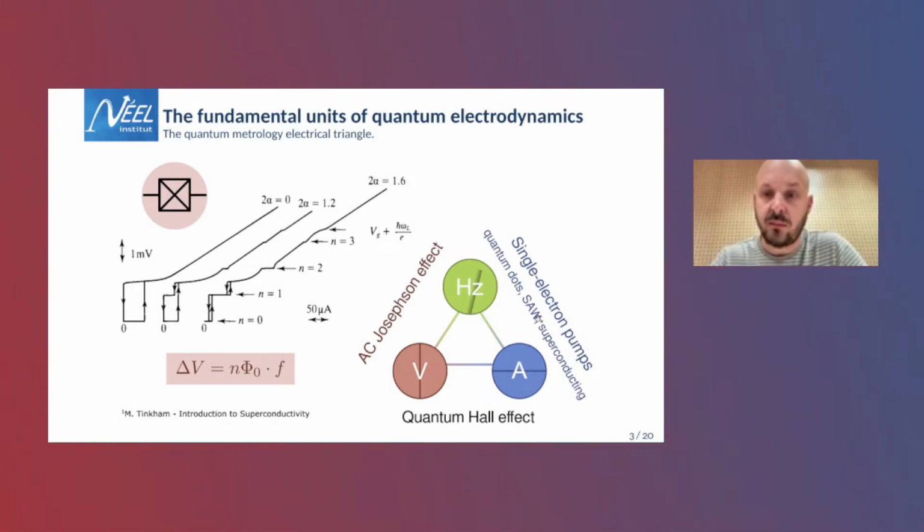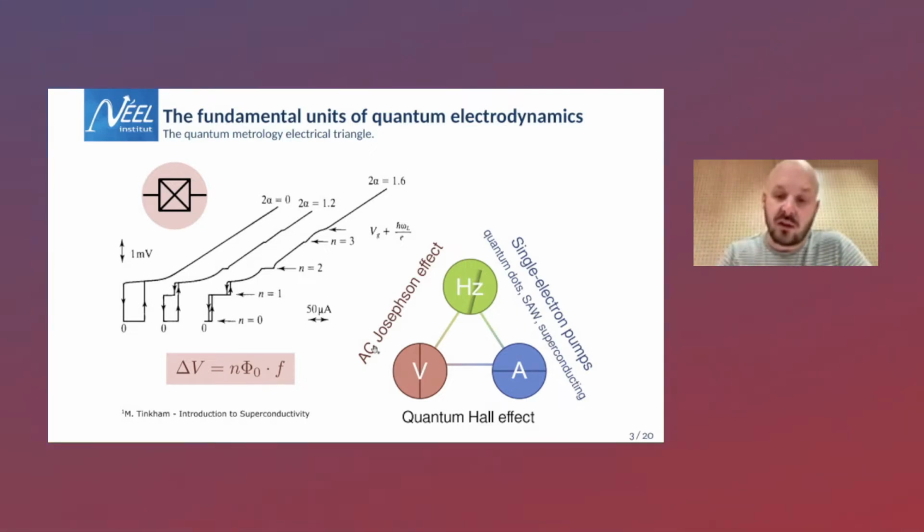There is a beautiful review, if you are interested, by Pekola and co-workers. This is a very active topic, but so far these techniques were not based on a coherent quantum effect. So our idea is to find an alternative to these pumps, and this is what I will show you today.